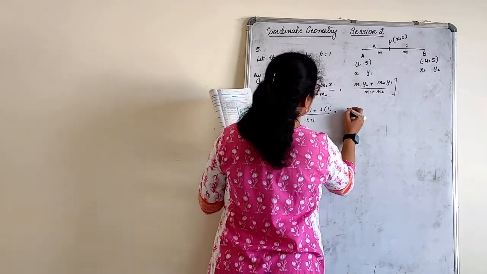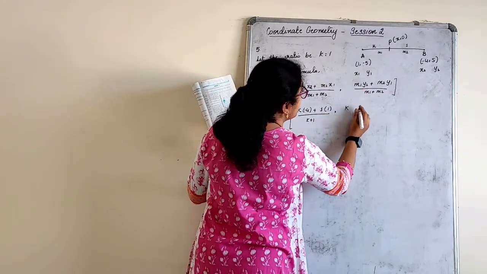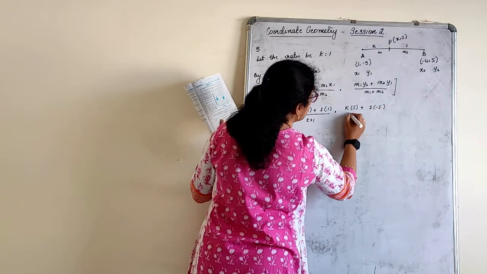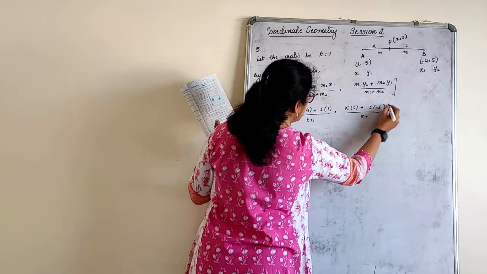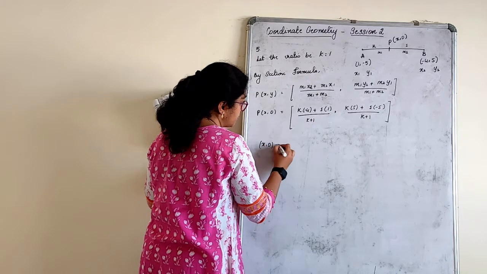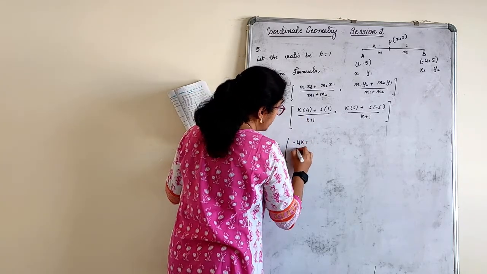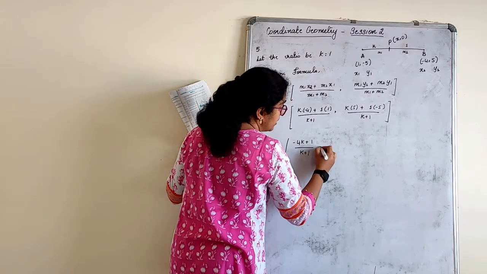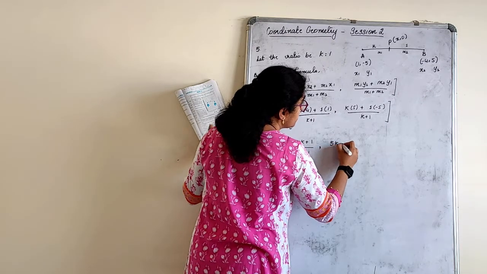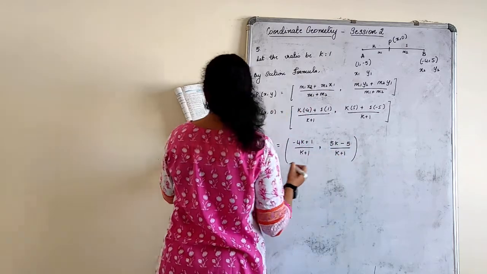Next, the point you get here is m1 is k, y2 is 5, plus m2 is 1, into minus 5, divided by k plus 1. Okay, so this is (x, 0) is equal to (minus 4k plus 1) divided by (k plus 1), comma, (5k minus 5) divided by (k plus 1).